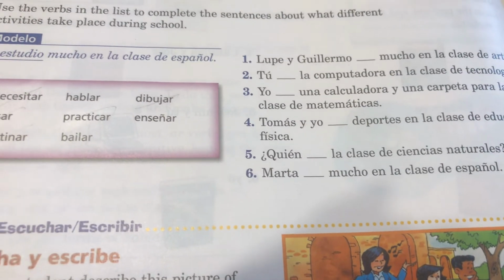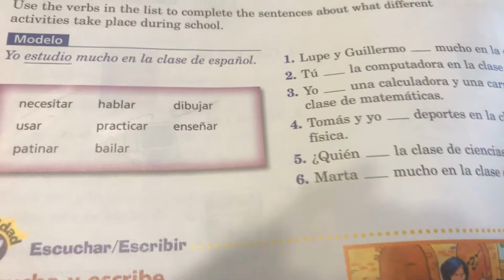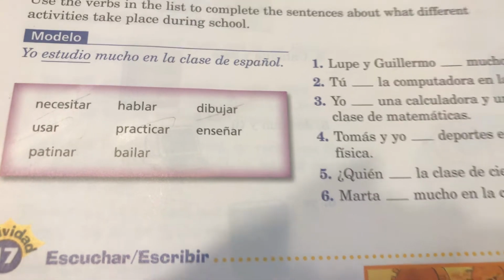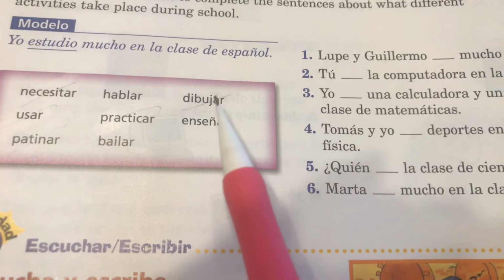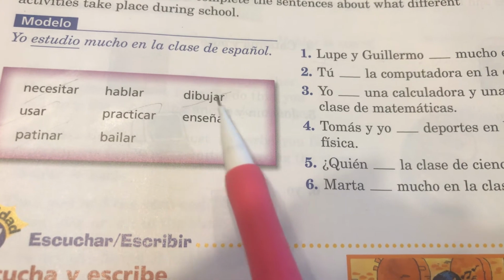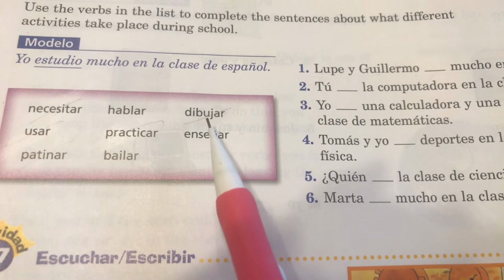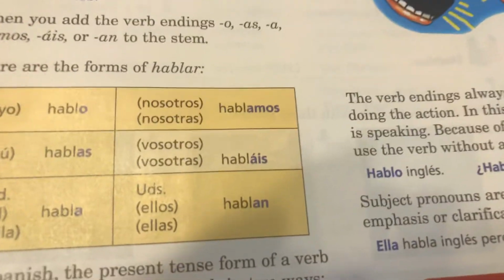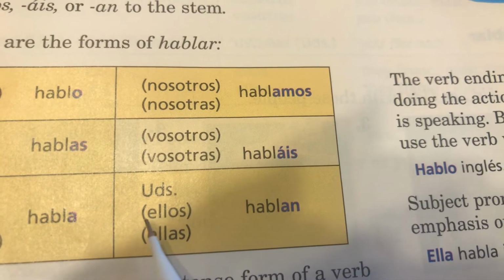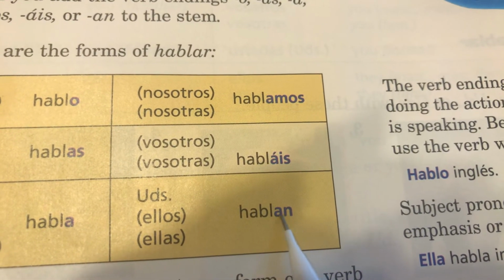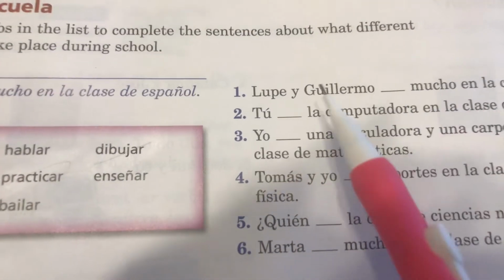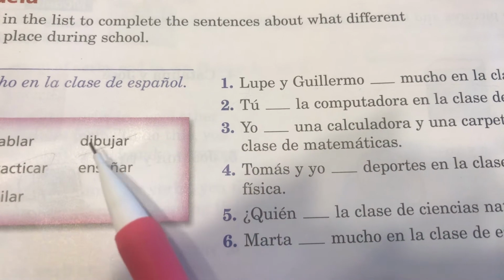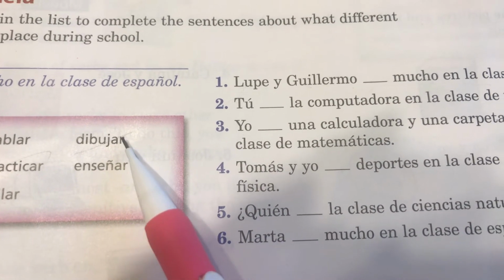So now that we know which form, we take the word dibujar, we omit the AR, drop it. We're left with dibuj without the AR. And all we have to do to replace the AR is add, since we're using they, AN. So it should be Lupe y Guillermo dibujan with the AN instead of an AR.